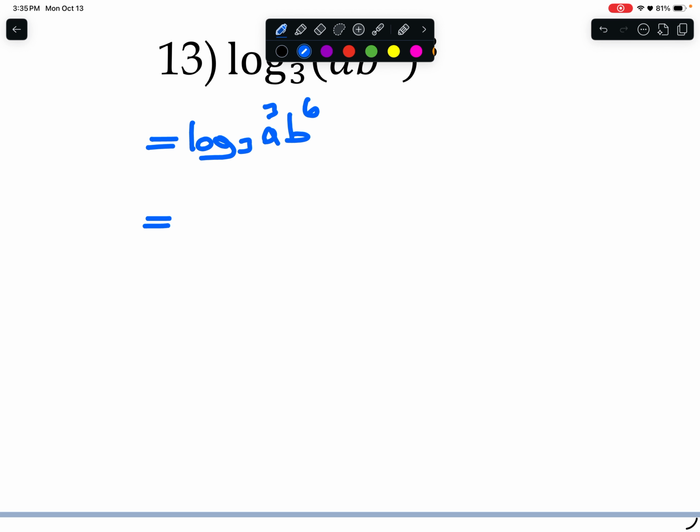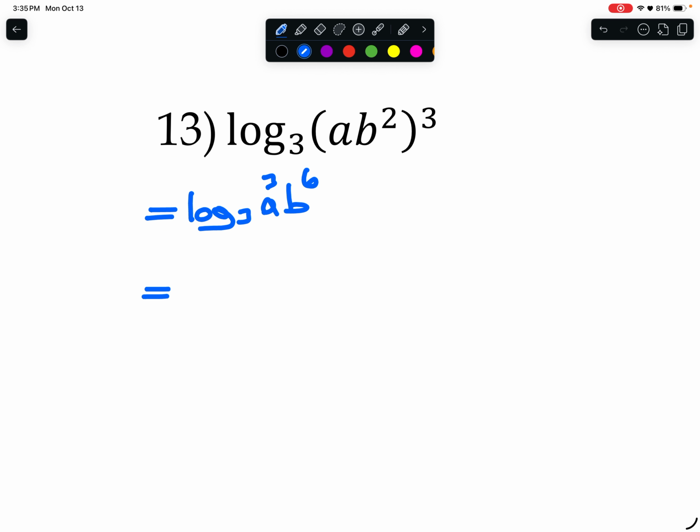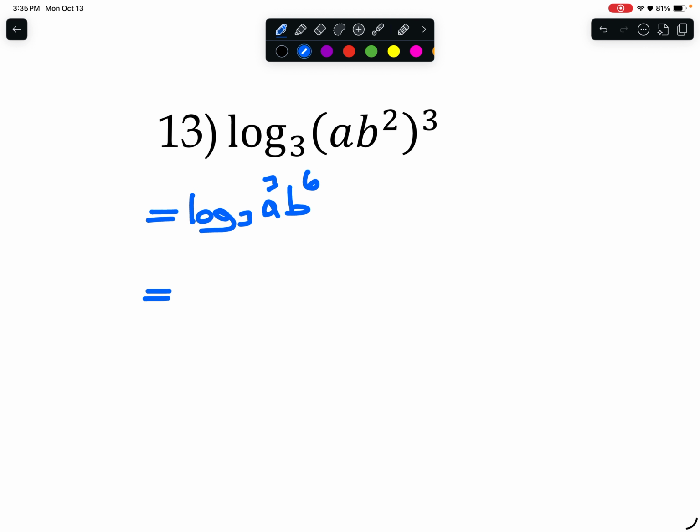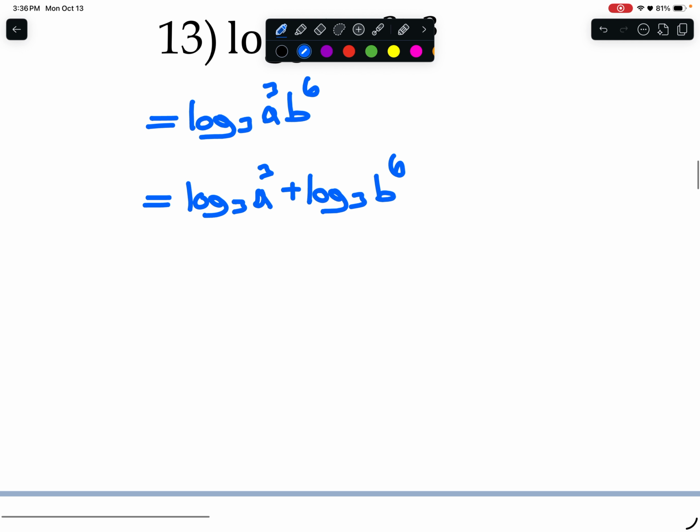Now for my logarithm properties, I'm going to do the product rule, so I'm going to expand. So log base 3 of a cubed plus log base 3 of b raised to the 6th. And then I'm going to do the power property, moving those exponents to the front, making coefficients. So 3 log base 3 of a plus 6 log base 3 of b.